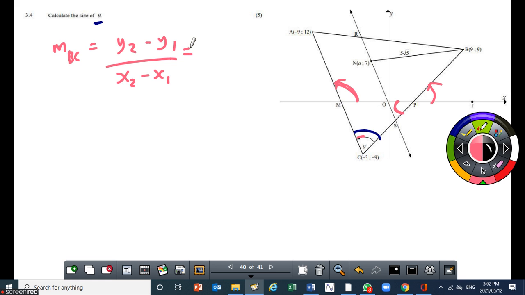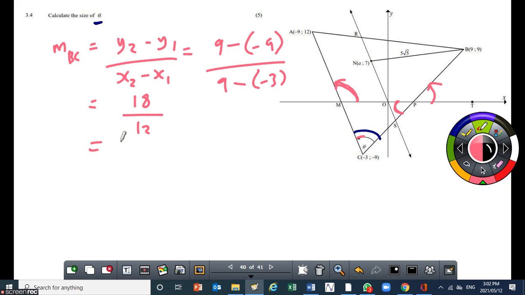If I take the coordinate of D, it will be 9 minus 9 over 9 minus 3. So that will give me 18 over 12, which is 3 over 2. Yeah, what the question asked?